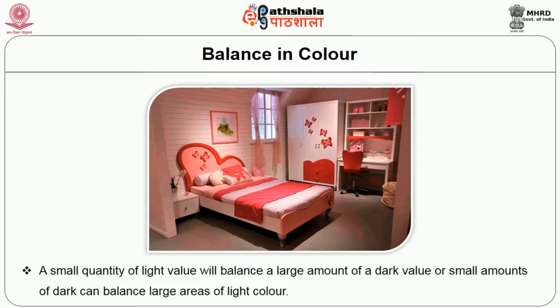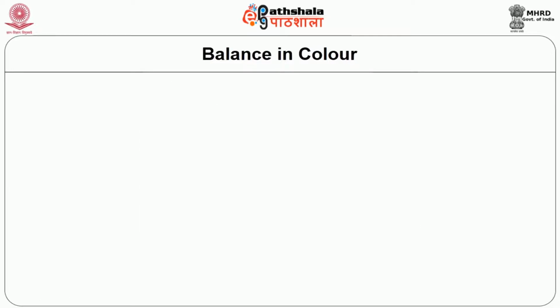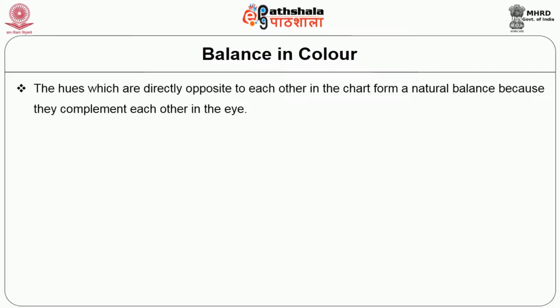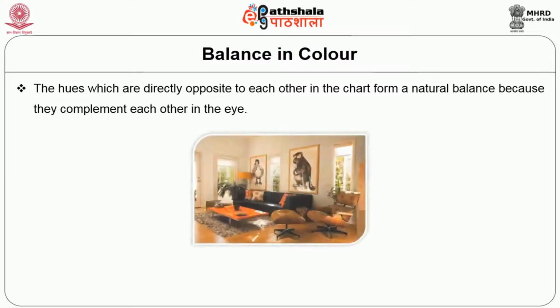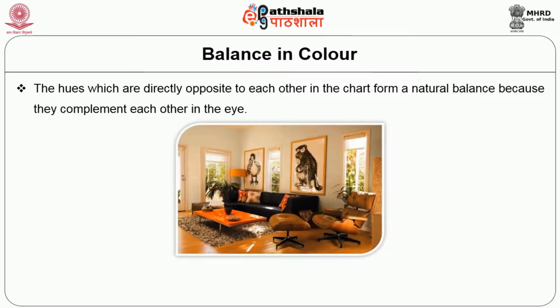A small quantity of light value will balance a large amount of dark value, or a small amount of dark can balance large areas of light color. The hues which are directly opposite to each other in the chart form a natural balance because they complement each other in the eye. For example, imagine a room furnished in tan and brown with accents of bright red orange.